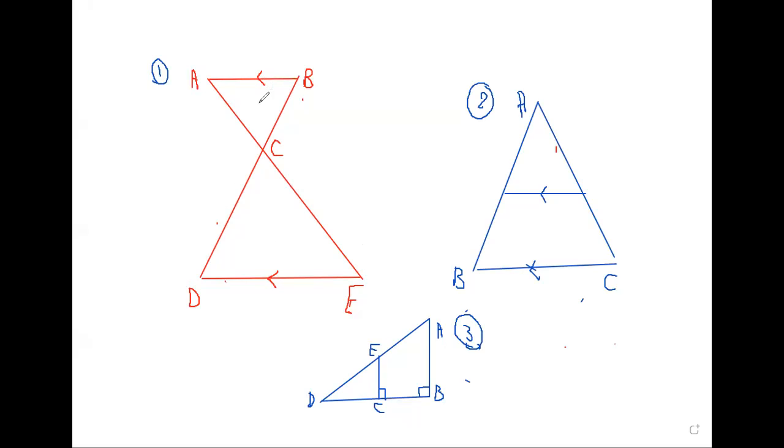Could you please give me the reason why they are similar? Because ABC and DEC are like each other. ABC, this angle you mean? And which angle? D. And angle D? Yes, very good. They are equal. Why are they equal, Jana? By which reason?